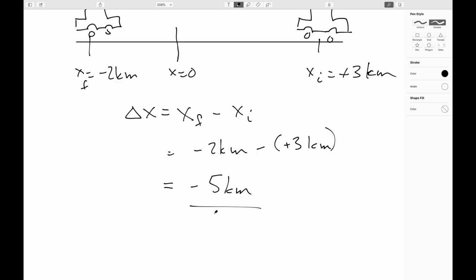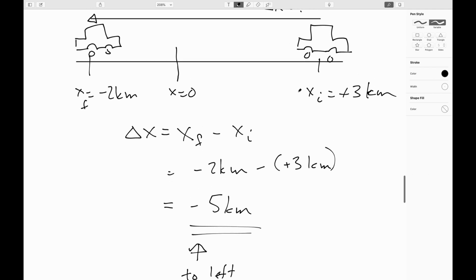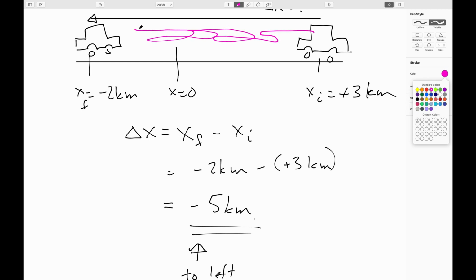And again, we're going to interpret this minus sign as meaning to the left. So what this means is at the end of the motion, our car ended up 5 kilometers left of where it started. Now, this does not necessarily have to correspond with the actual path the car took. For instance, the car could have taken some sort of crazy stuttery path like this and ended up there. And if you were to look at the distance on the odometer, that would be a lot bigger than 5 kilometers.